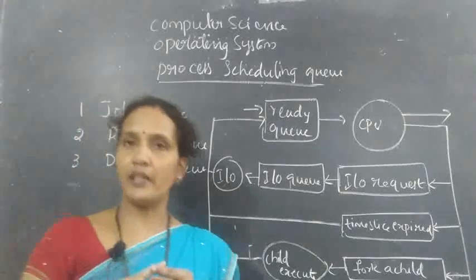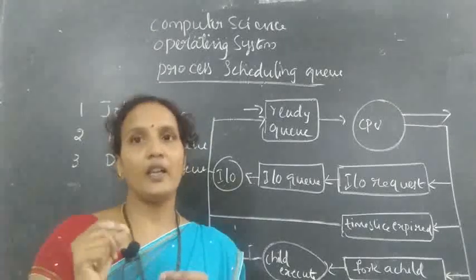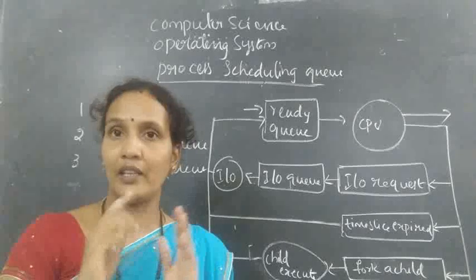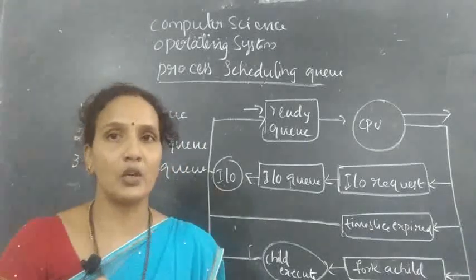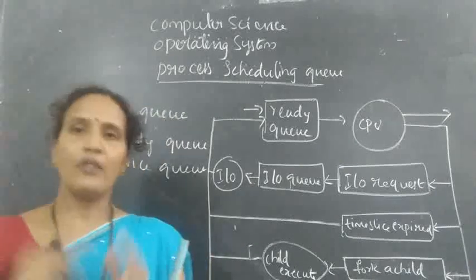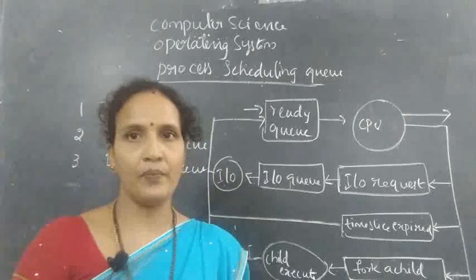The operating system will create a queue for each and every process. For every process, it will create a queue for the process state as well as for the process control block, PCB. The operating system gets the information about each process from the PCB.